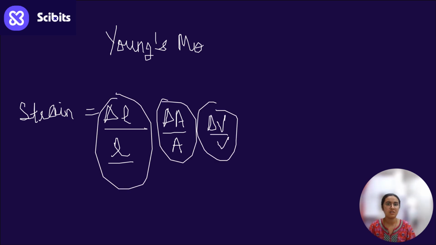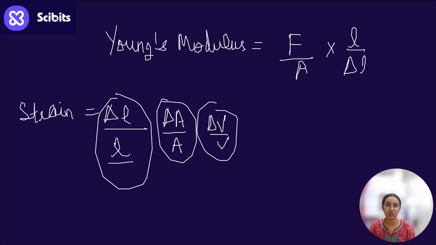Young's modulus is basically the ratio of stress to strain, but there is a fancy way to write this, and I have seen a question on it. Force upon area into original length upon change in length. Great. So yeah, we are done with this.